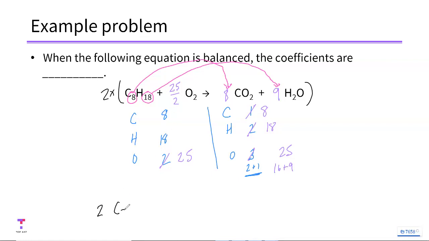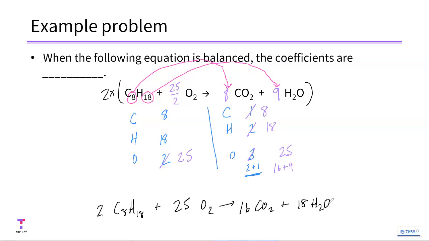And our final equation would look like this: 2 octane plus 25 oxygen makes 16 carbon dioxide and 18 waters. And so from that standpoint, this takes care of the molecular problem that we might run into.